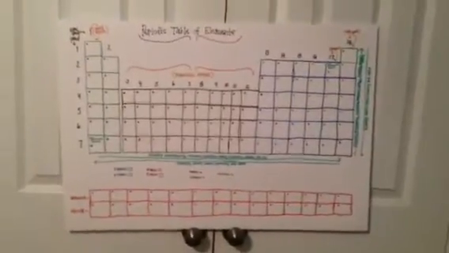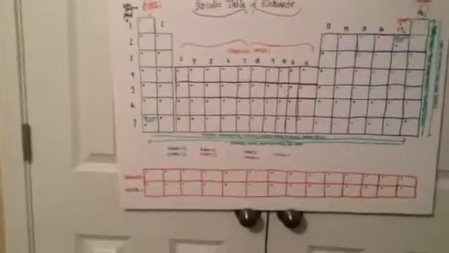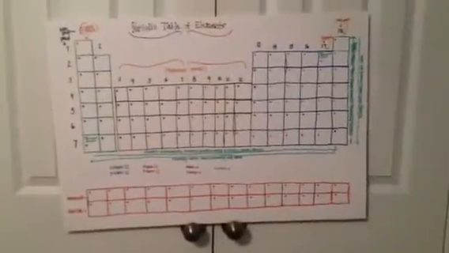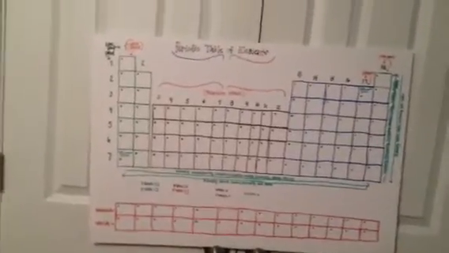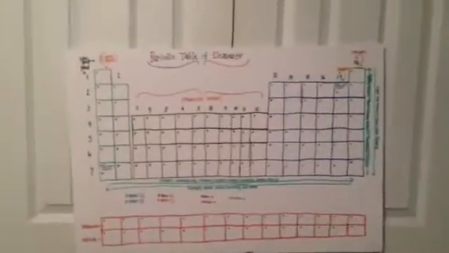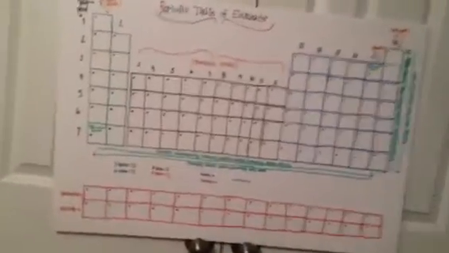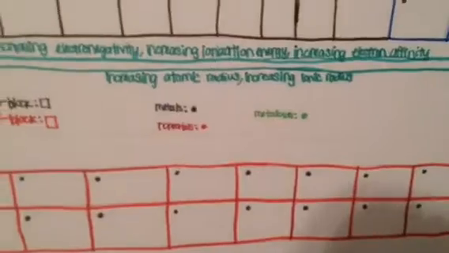The ionic radius is very similar to the atomic radius, but ionic radius is the radius of one's ion. And the ionic radius acts just like the atomic radius because they're together.